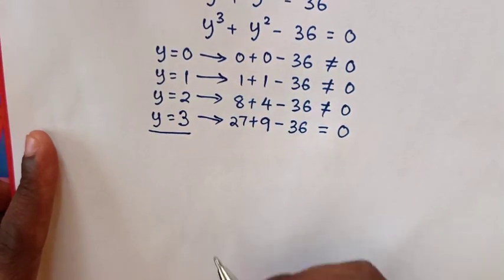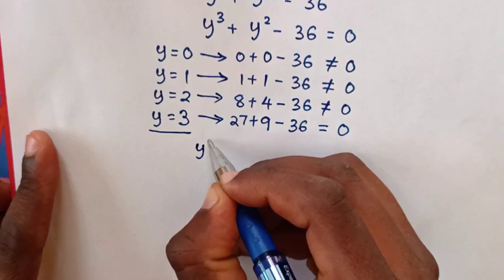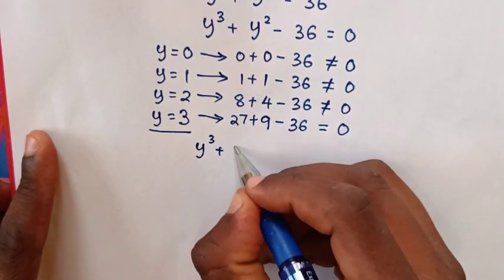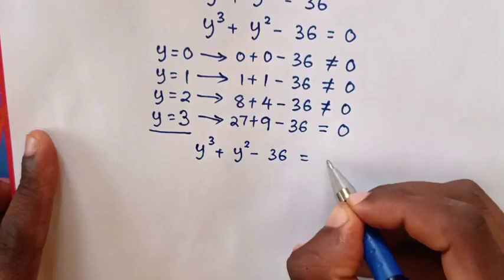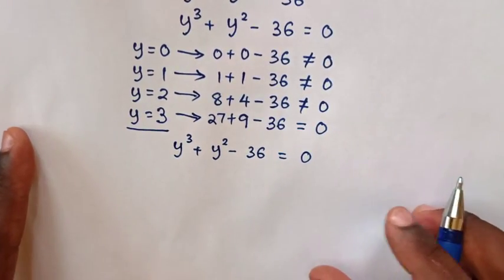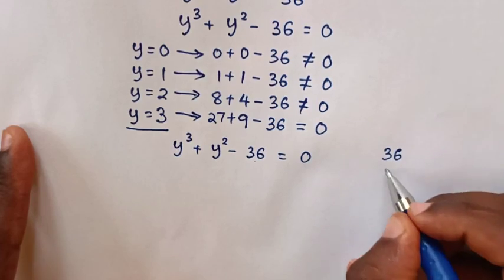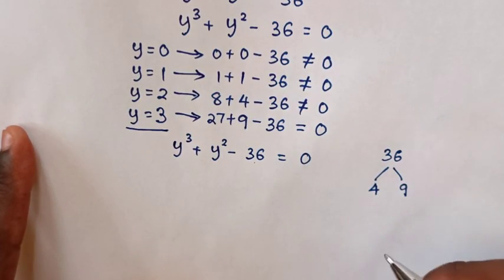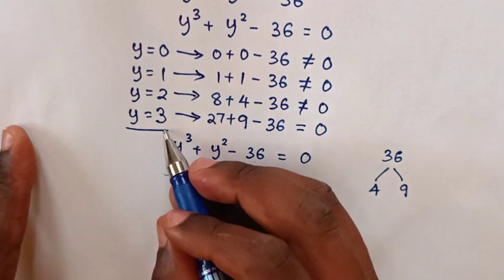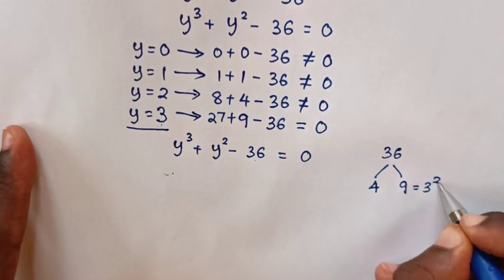Then we rewrite our equation, y^3 + y^2 - 36 = 0. Here, 36 is the product of 4 and 9. But we already got one of the factors in our equation, 3, so 9 is 3 squared.